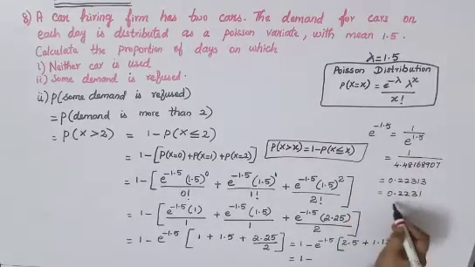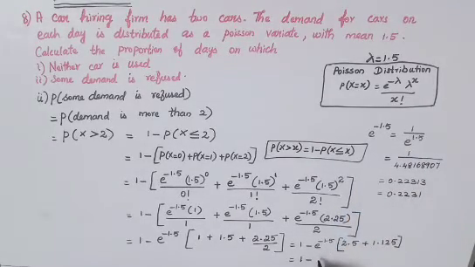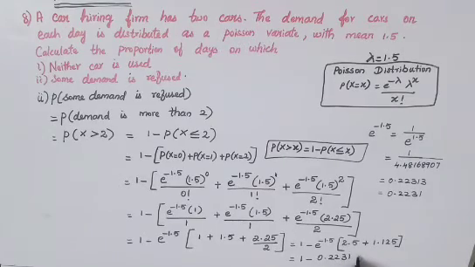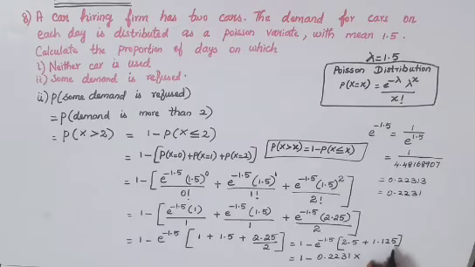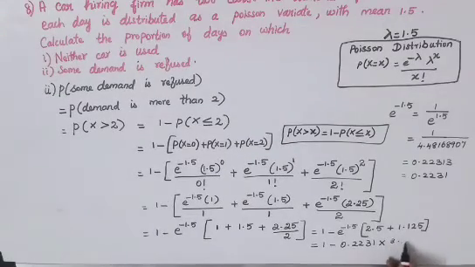We have got the value here, so just write that value, 0.2231, into 2.5 plus 1.125, which is 3.625. Your next step is 1 minus.